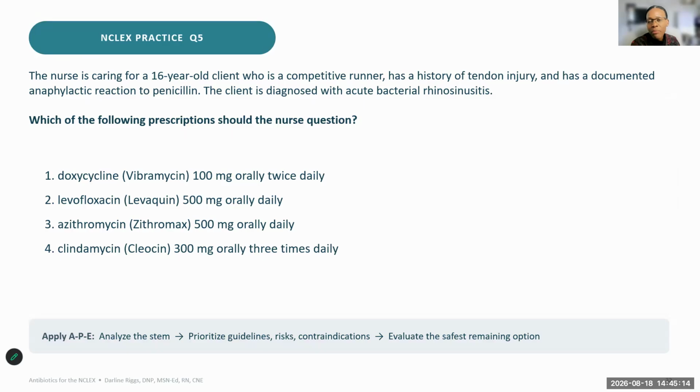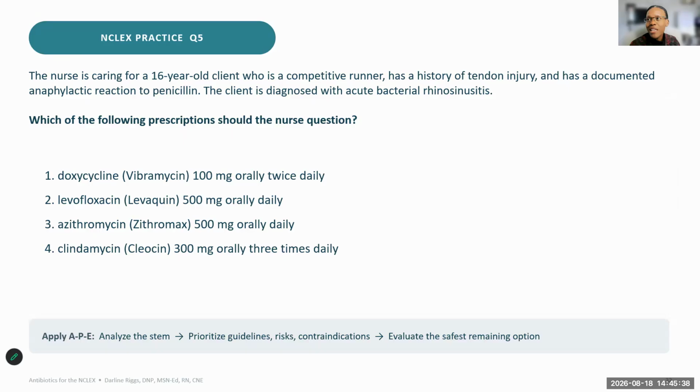So for time purposes, we'll do that sometimes, but for your studying and prepping, you want to always look at every option. All right, so we're going to question the Levaquin, definitely because of the age and because of the tendon injury, for sure. Okay, so yeah, we're going to question that.